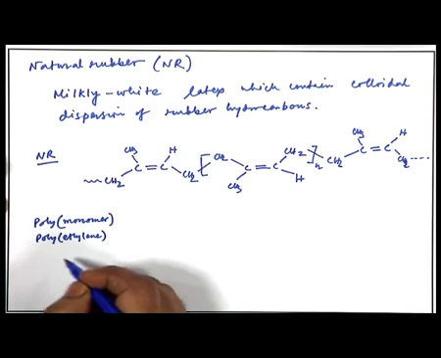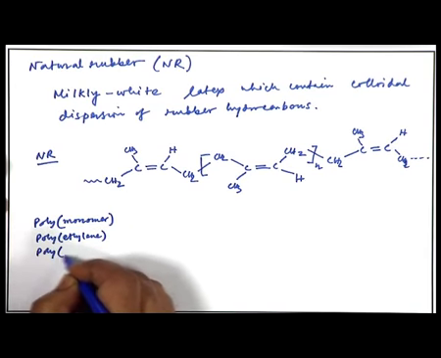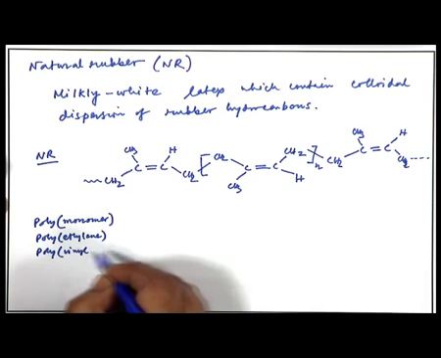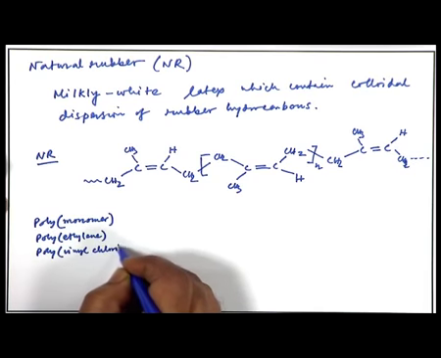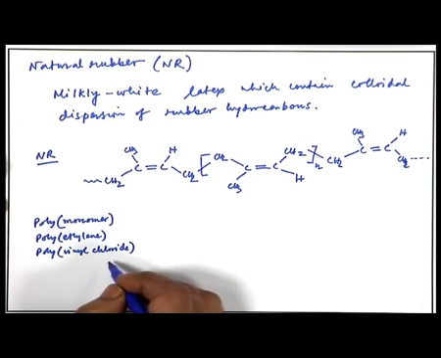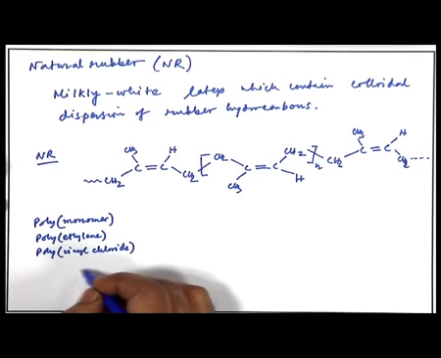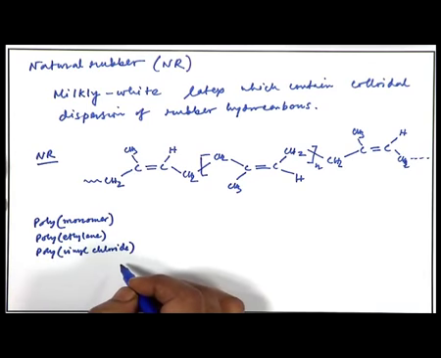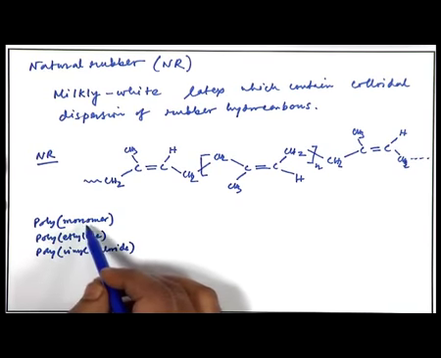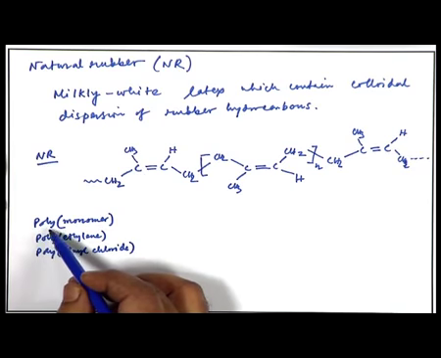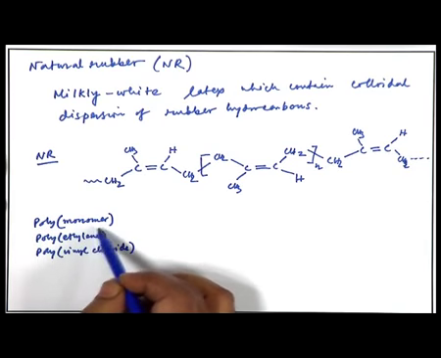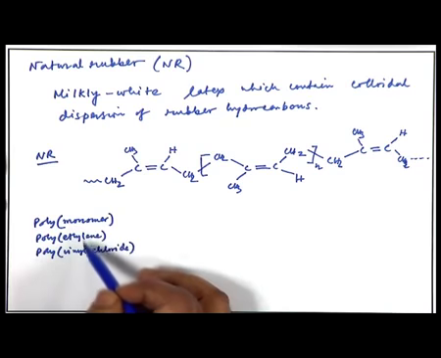Vinyl chloride, polyvinyl chloride. Styrene, polystyrene. If ethylene glycol and terephthalic acid give an ester, we write polyethylene terephthalate. So, how do you name polymers? You add the term poly and then the monomer or repeat unit from which you got the polymer.